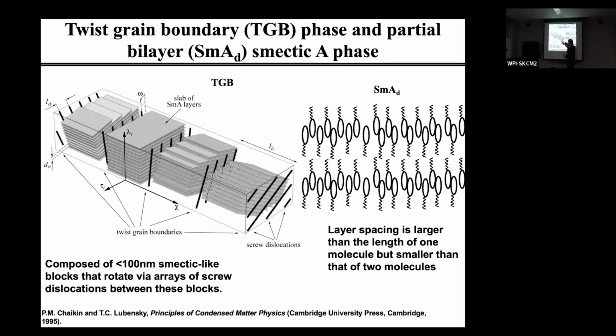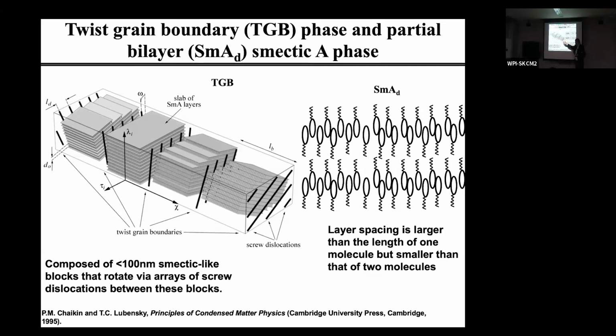So each molecule is by length 1 nanometer or 2 nanometers, right? Then the block is 100 nanometers, but then in between these smectic blocks, you have grain boundaries that allow them to twist one relative to another. Twist comes because of chirality, right?